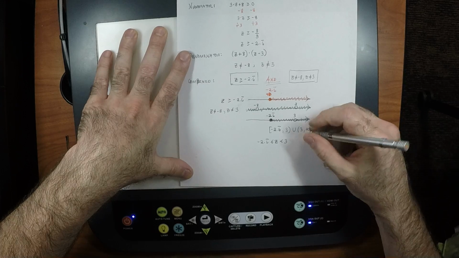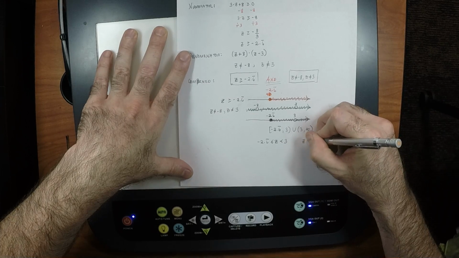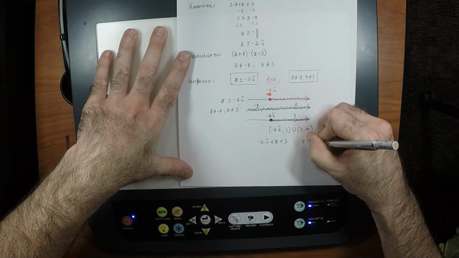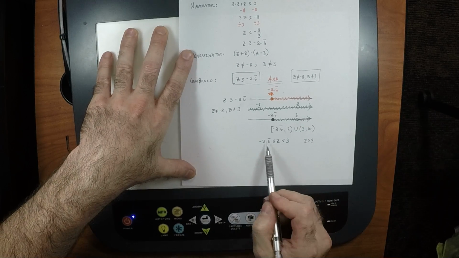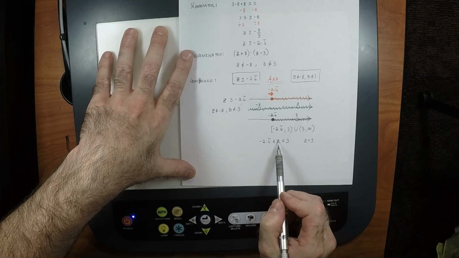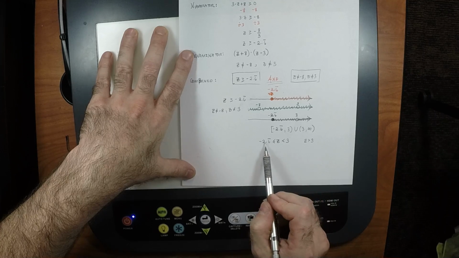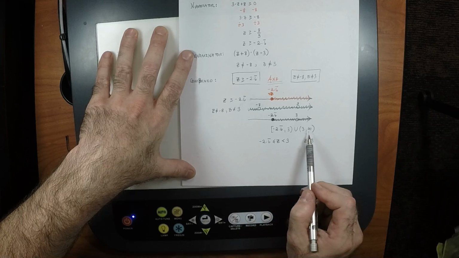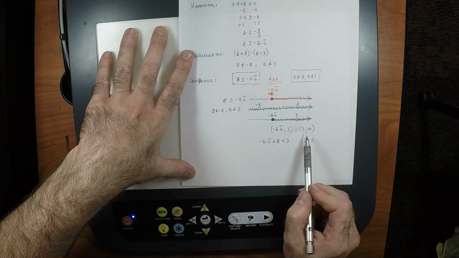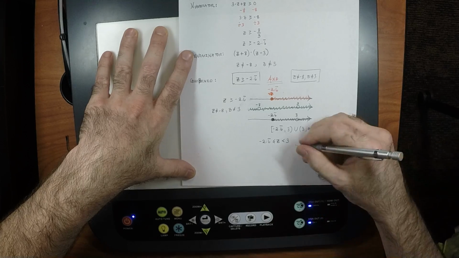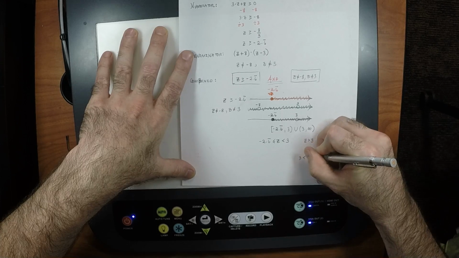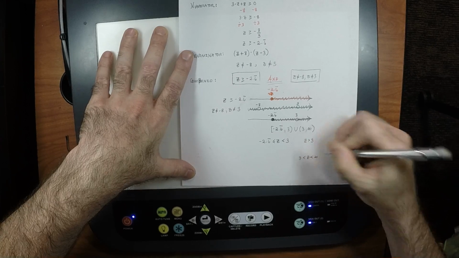Yeah, you could say z greater than 3. But I like this kind because it's always z between two things, right? That's the left thing and that's the right thing. If you wanted to write this one as an inequality, but with z between two things, how could you write it? Well, those two things right there, right? You could say 3 less than z less than infinity.